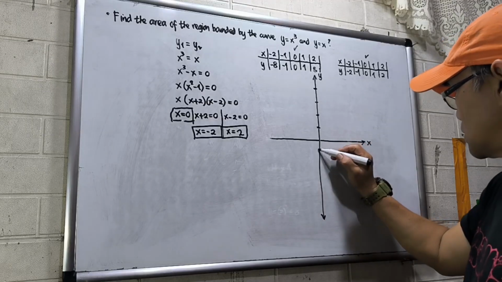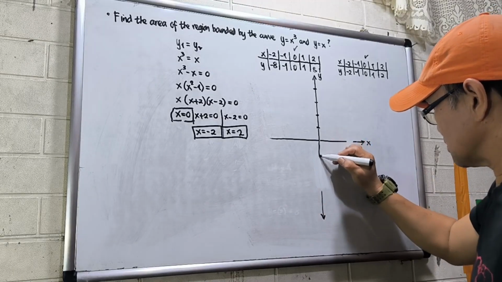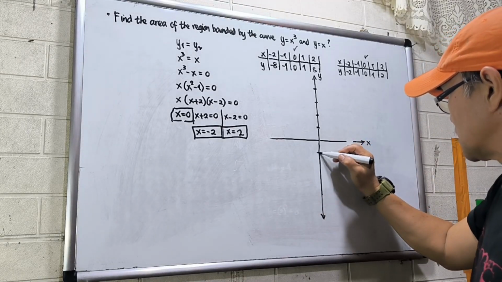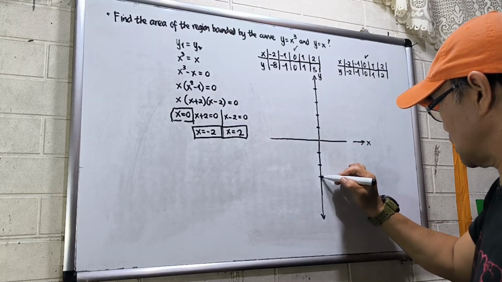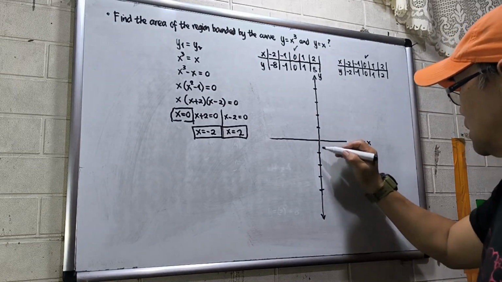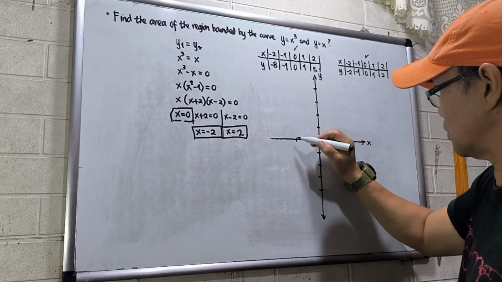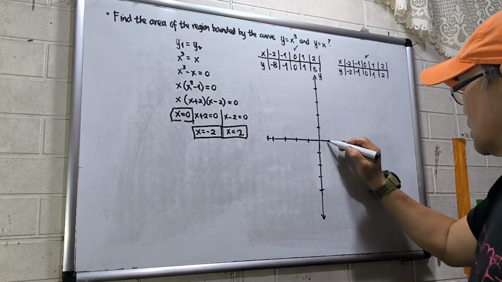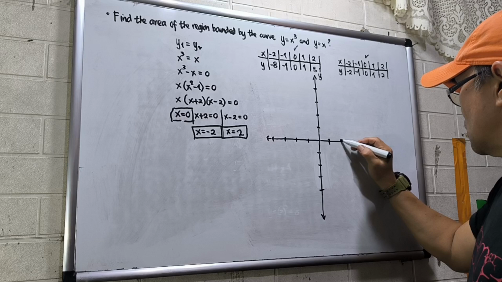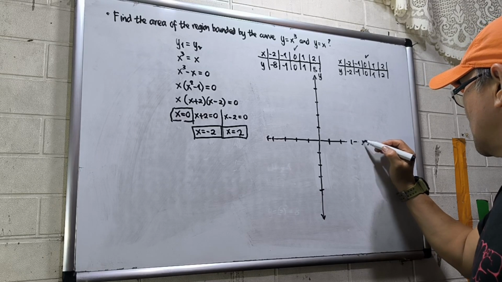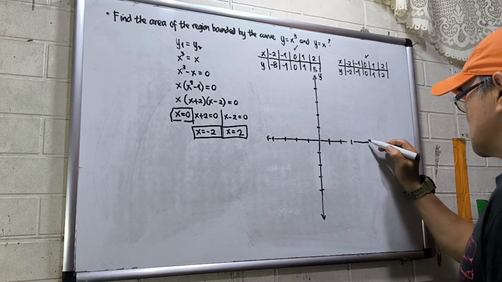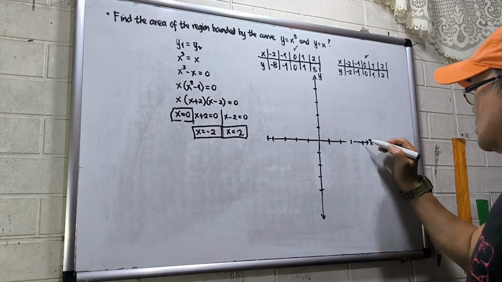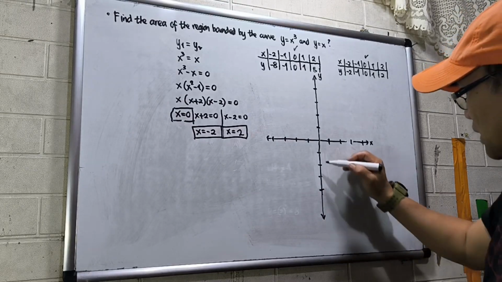Then this will be, it's not straight. So negative 2, then 8.